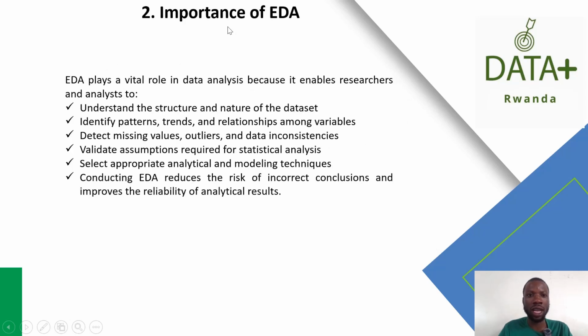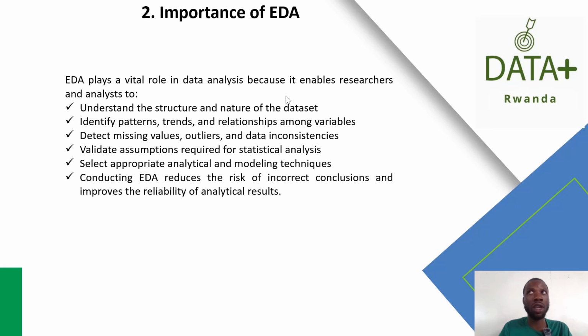So those are the importance of explanatory data analysis. It helps us to understand the structure and the nature of the data by looking at the data type and what it tells us in terms of summary statistics when it is numeric.